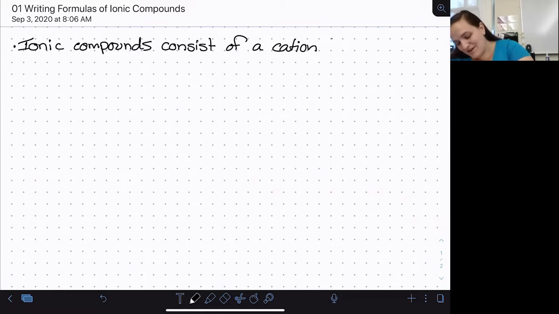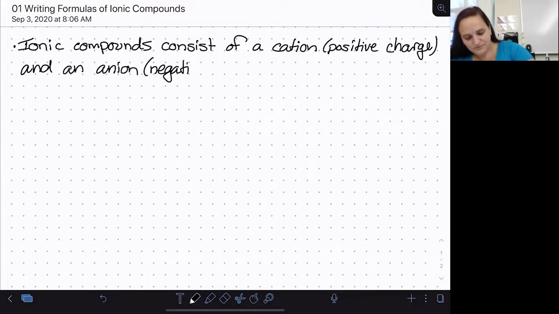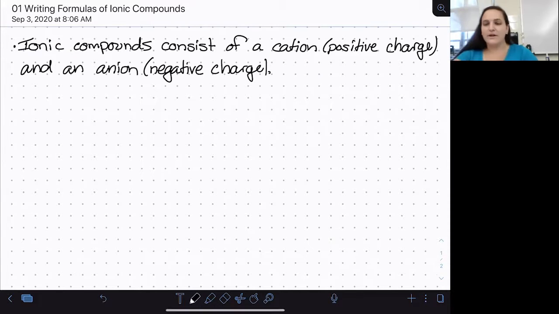Remember that our cation is positively charged, and our anion is negatively charged. Ionic compounds are always a combination of a cation and an anion.